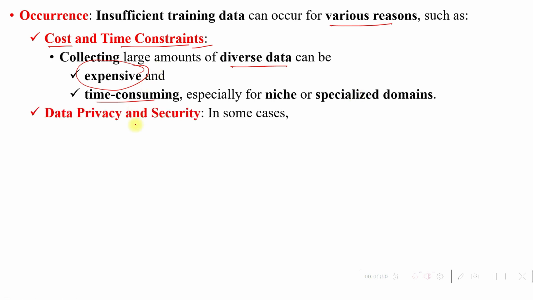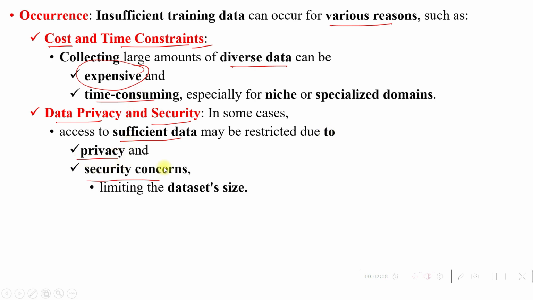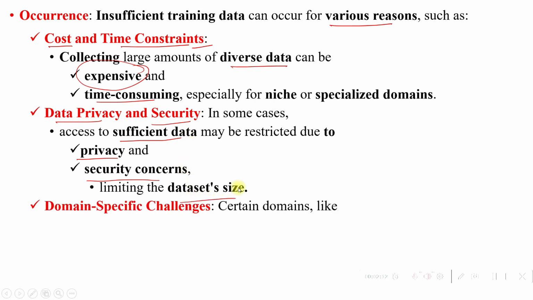The second one is data privacy and security. In some cases, access to sufficient data may be restricted due to privacy and security concerns. That limits the data sets to a very small size.